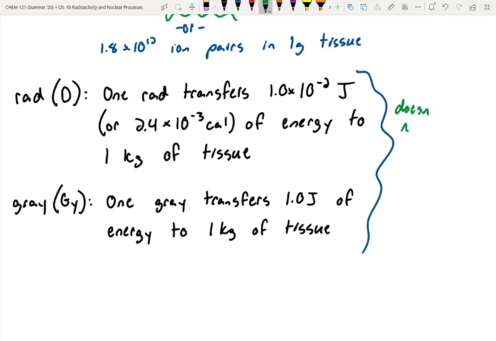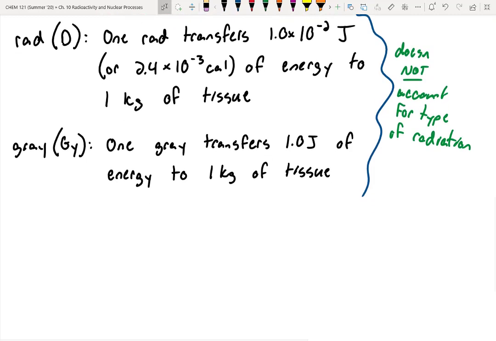This does not account for type of radiation. So it is a little bit limiting in that regard, but depending on the field that you're in, you may use one of these. And then the last one is, I think, the most interesting one. It's rem. Rem deals with the problem that we just described, where these top two don't account for the type of radiation, where rem is a little bit more broad.